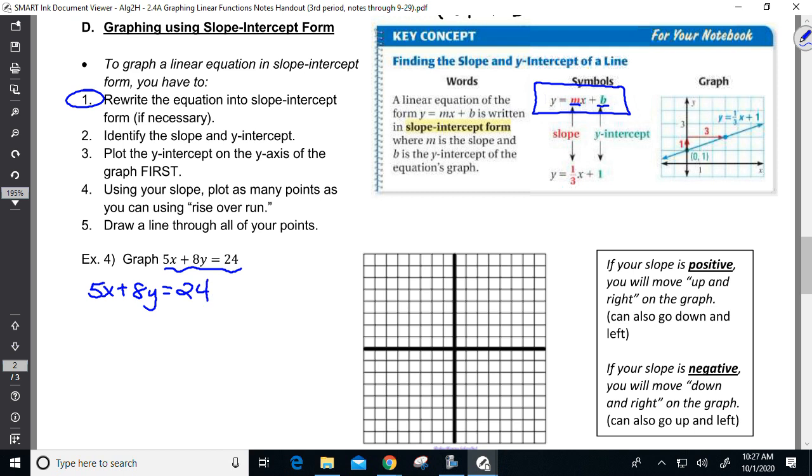So you subtract 5x on both sides, you get 8y equals negative 5x plus 24. Then you divide everything by 8. So negative 5 over 8 x plus 3. So that's first order of business.